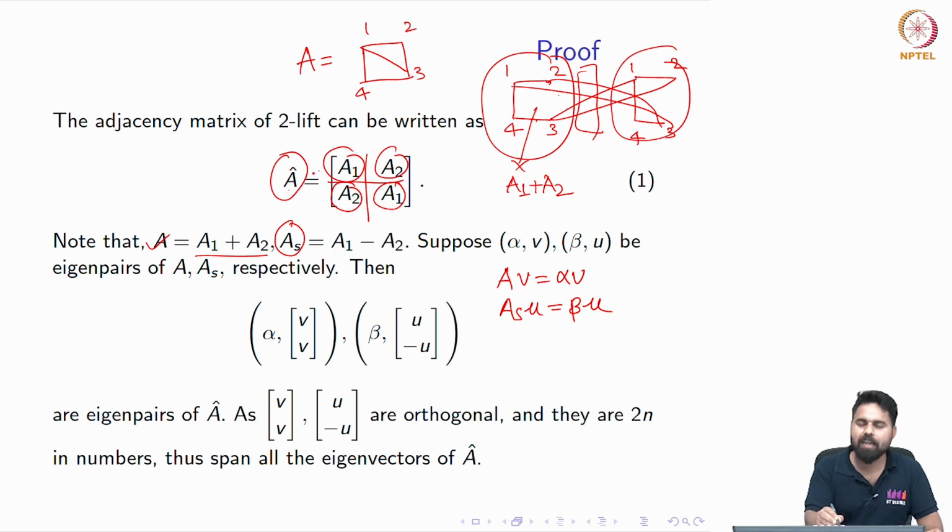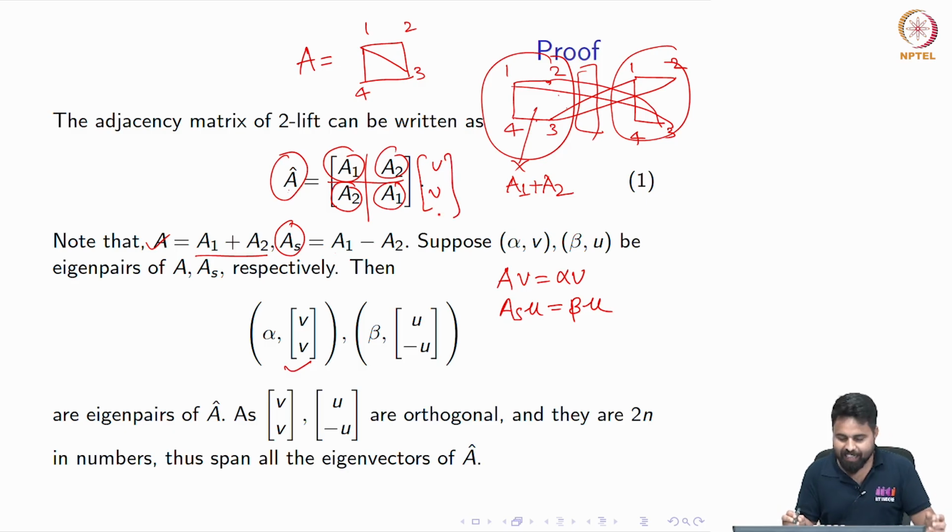Now just multiply this vector, V and V, and you will get that this is an eigenvector of A hat for the eigenvalue alpha. Similarly, this is an eigenvector of A hat for the eigenvalue beta. Just do the matrix multiplication with these two vectors.